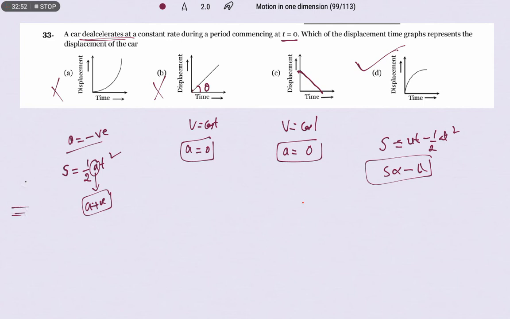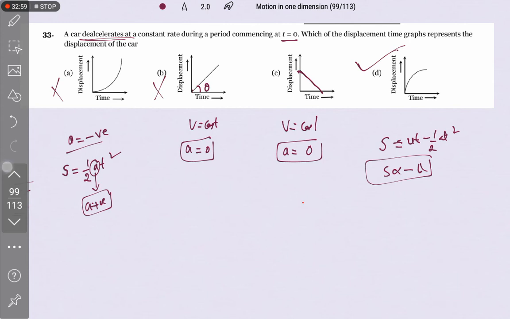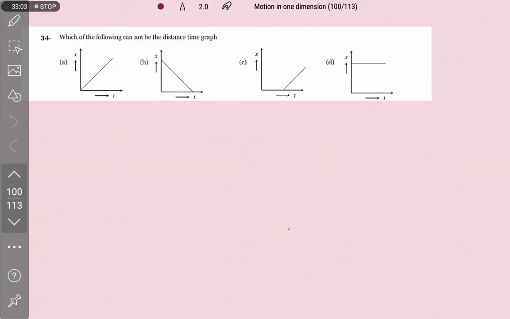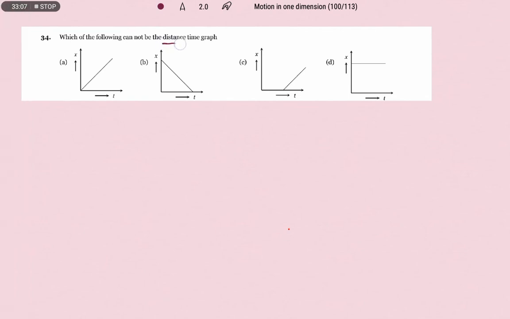Let us see the next one. Which of the following cannot be the distance and time graph?